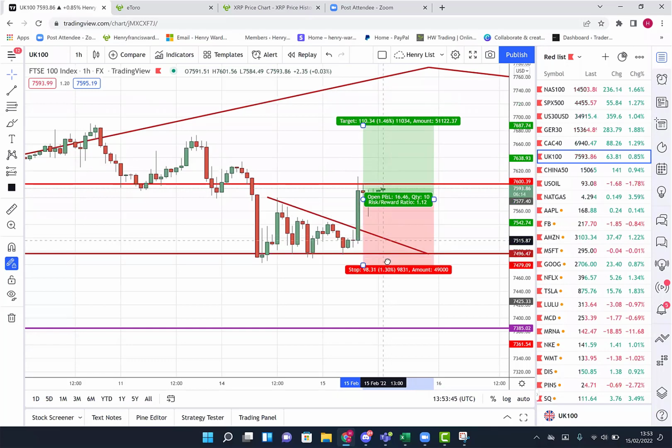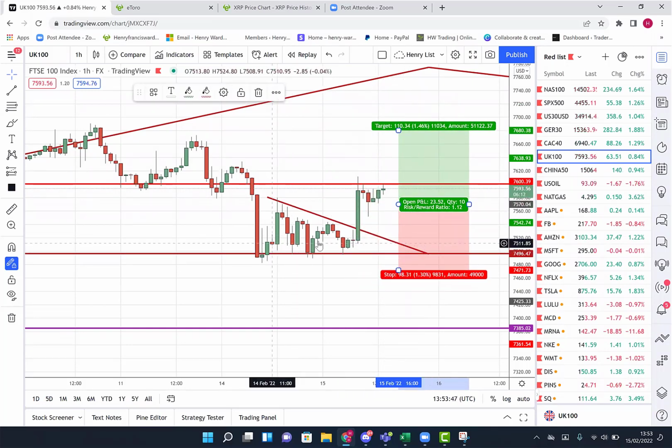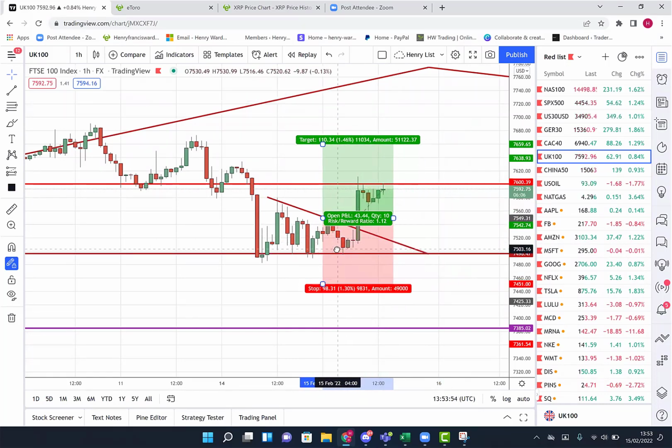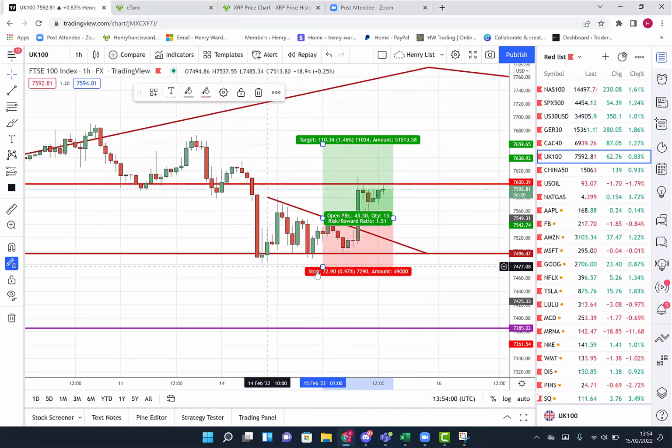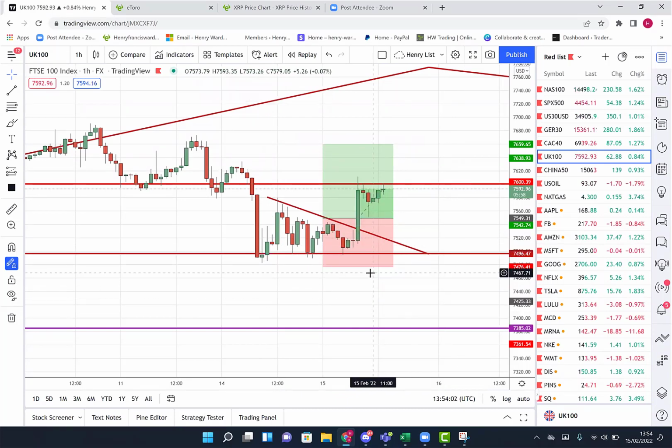But how we would be looking to trade this is, see these lower highs? You'd put your entry under one of these lower highs, but then your stop loss would have to go underneath that low. That would be one of the ways to trade it.